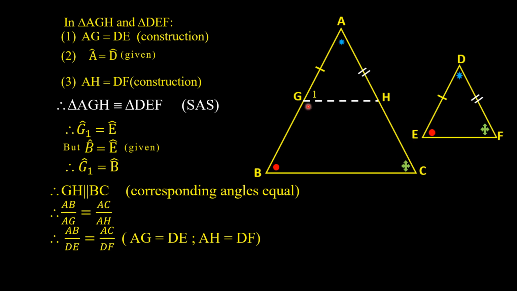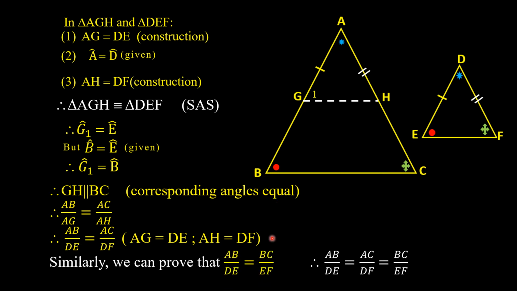Now, in the same way, if you construct a dotted line on BC, you can imagine another line. Similarly, we can prove that AB over DE will be equal to BC over EF. We just write similarly.